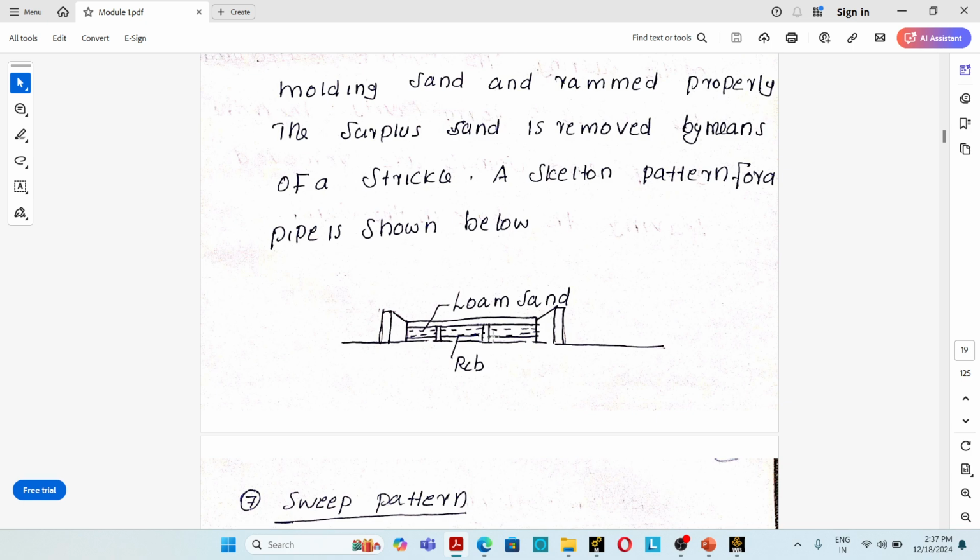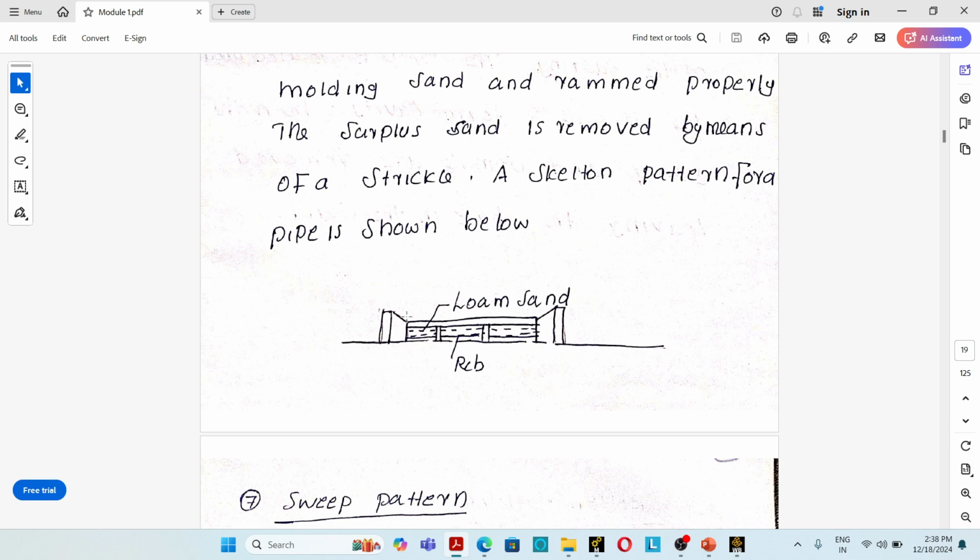A skeleton pattern consists of wooden frames and strips, and the sand is filled inside the pattern, and after that the excess sand is removed by a stick. A skeleton pattern for a pipe is shown here. First point to remember: a skeleton pattern is used for making large size castings, where the number of castings required is very small, and it is not economical to make a solid pattern.